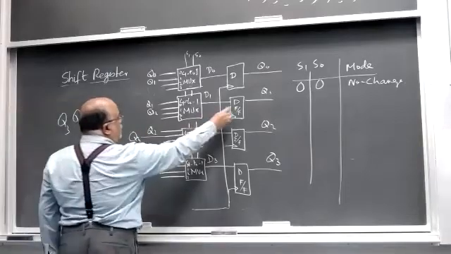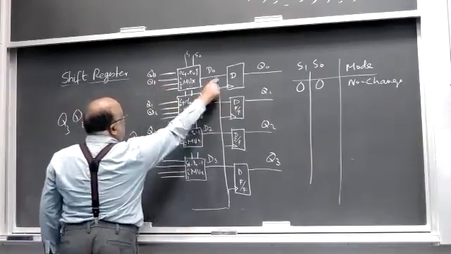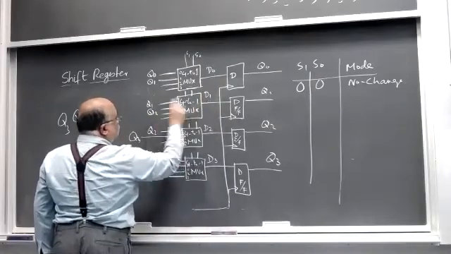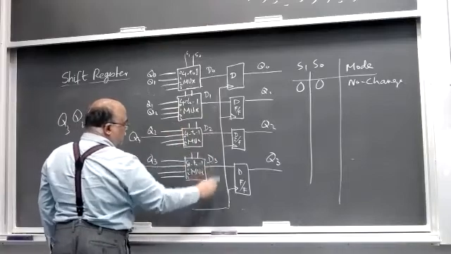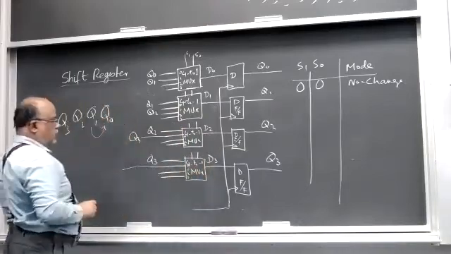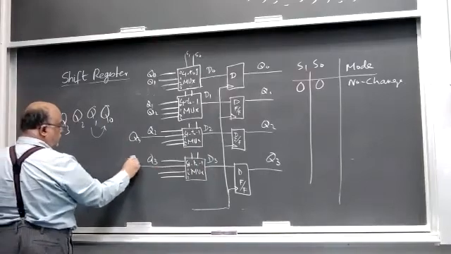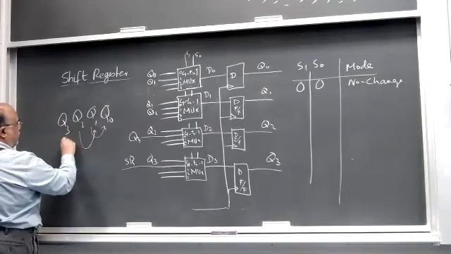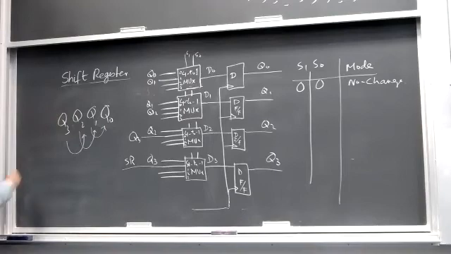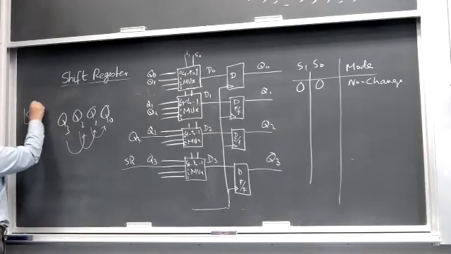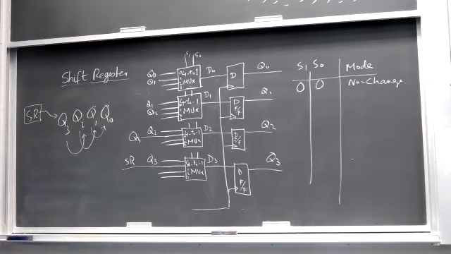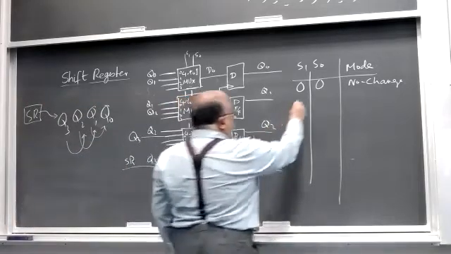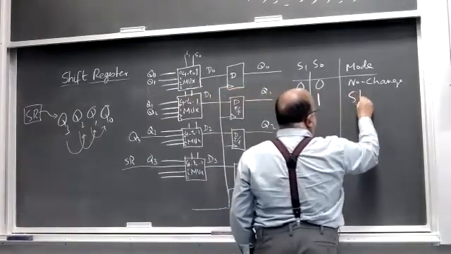After the clock pulse, Q1 will be copied into Q0, Q2 will be copied into Q1, Q3 will be copied into Q2. What happens to Q3? We call that the shift right input. So this copy is here, this copy is here, this copy is here. What happens to this? We say that shift right input comes here. So that means when select lines are 0, 1, it will perform shift right.